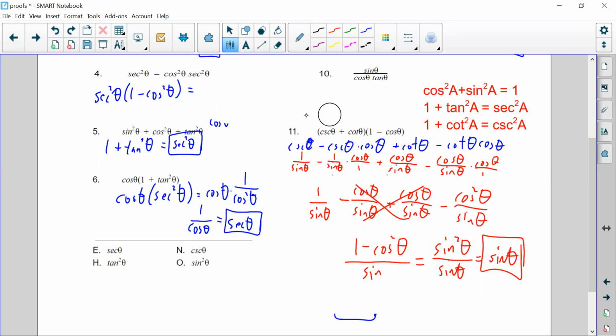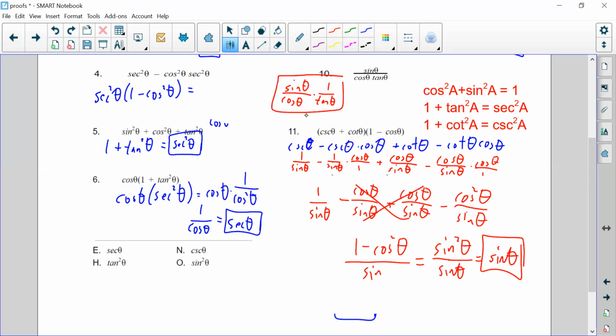And then lastly, number 10. I've got sine over, there's more than one way to do these. So I know I've got sine over cosine times 1 over tangent. That's true. I mean, because if you're ever in doubt, just go backwards.